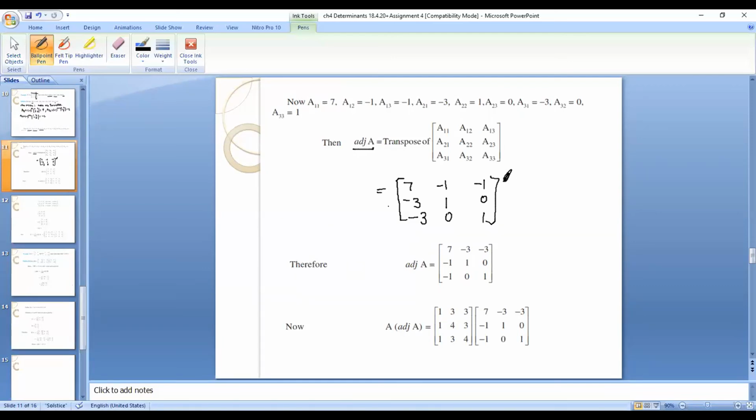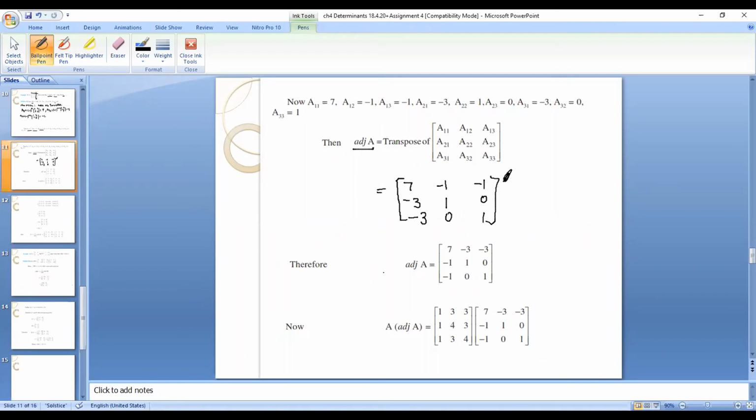Now, transpose means convert all the rows to columns. So the first row, 7 minus 1 minus 1, I have written in the first column. The second row, minus 3 1 0, in the second column. The third row, minus 3 0 1, in the third column. So adjoint A will be this matrix.